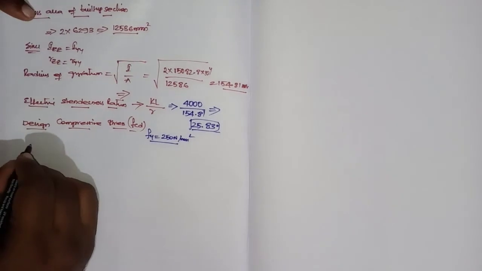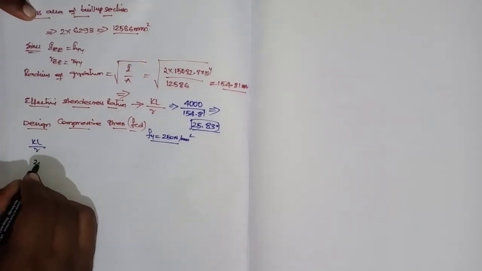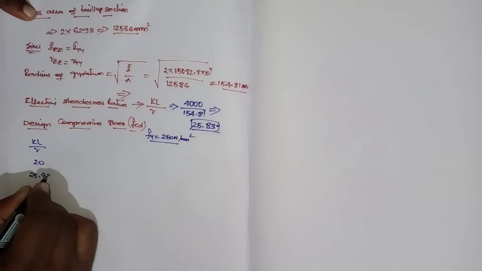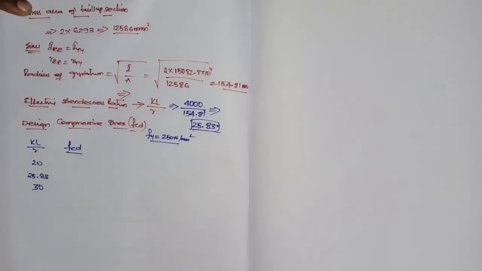For the KL by r value 25.83, in between 20 and 30, we'll see what the fcd value is.